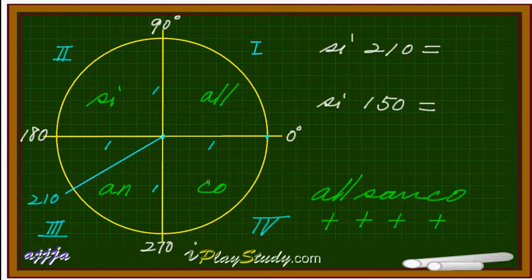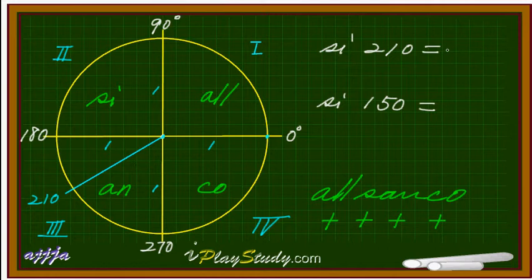Oh man, this one is worth a million dollars, I'm telling you right now. So for 210, right here, only tangent is positive. That means sine is negative.